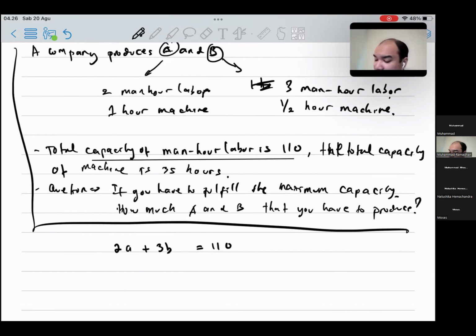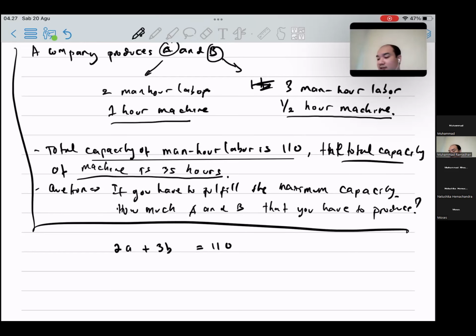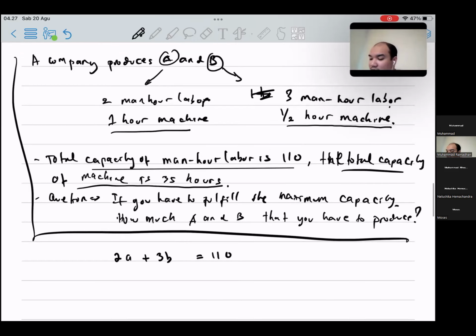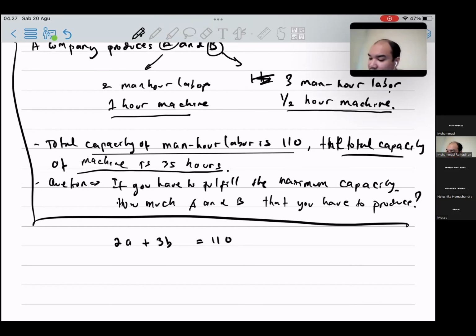And then for producing A, you need 1 hour machine and half-hour machine for producing B. And the total capacity of machine is 35 hours. So you can draw the second equation like this: 1 hour machine, so it is 1A plus half B is equal to 35.